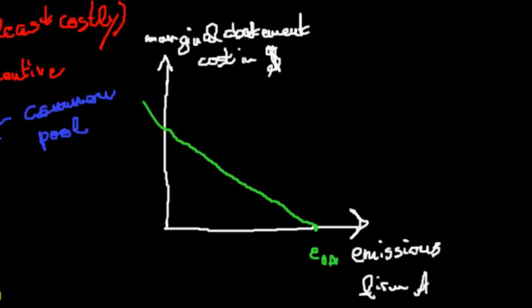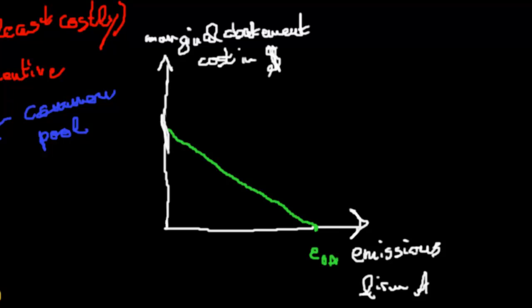and so it's going to face, for each unit of emissions reduced, a certain amount of costs, which can be seen here on the graph.